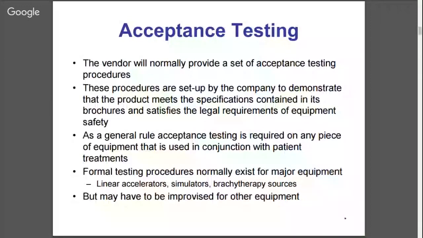As a general rule, some form of acceptance testing is required on any piece of equipment that is used in conjunction with patient treatments. And generally for linear accelerators, simulators, brachytherapy sources, there's a formal set of procedures that you need to go through. But they may have to be improvised for other smaller items of equipment.